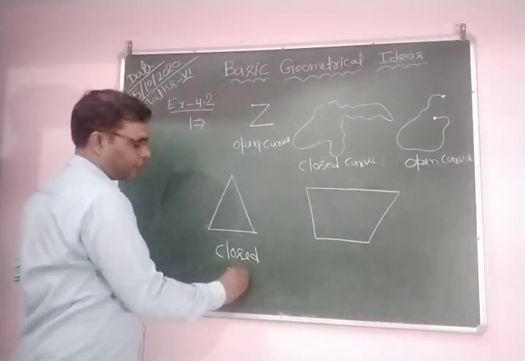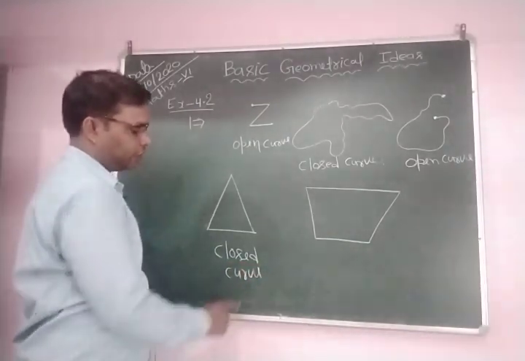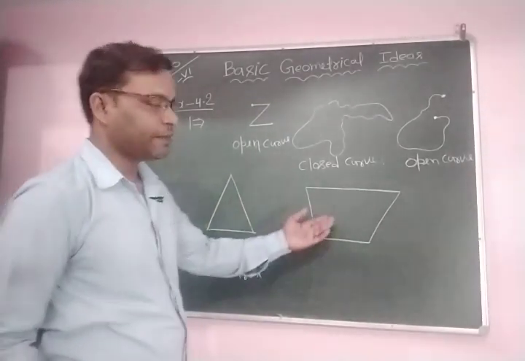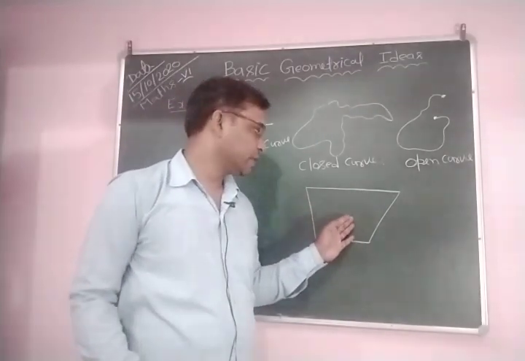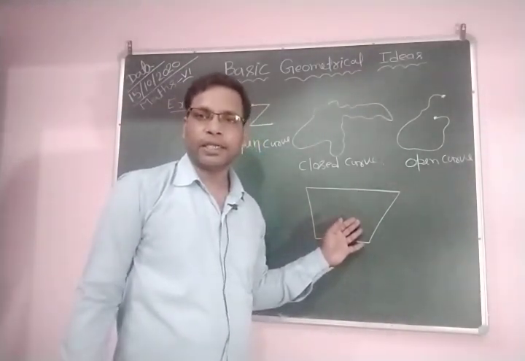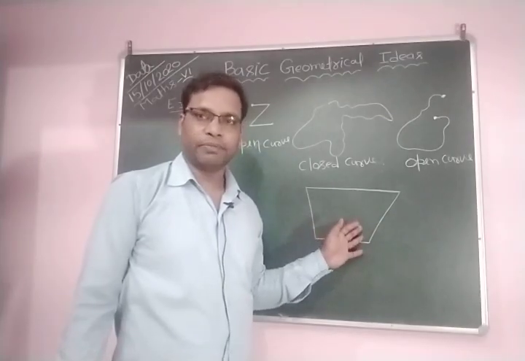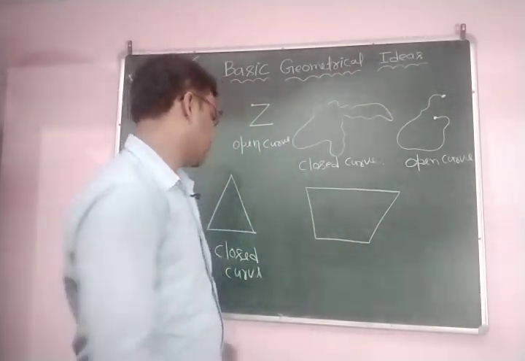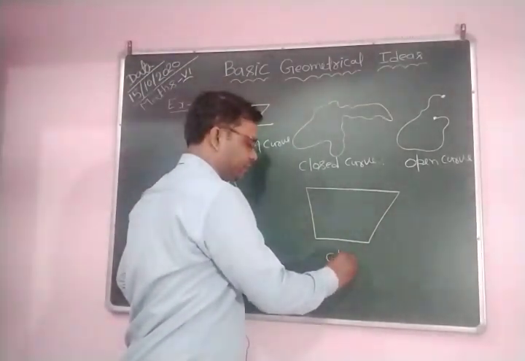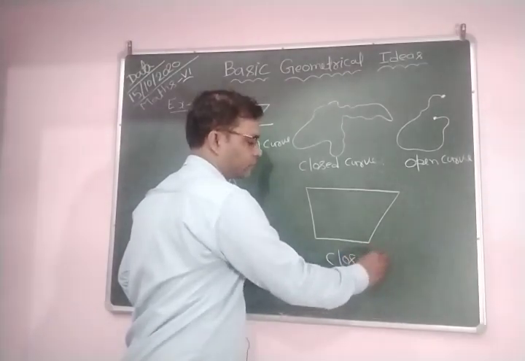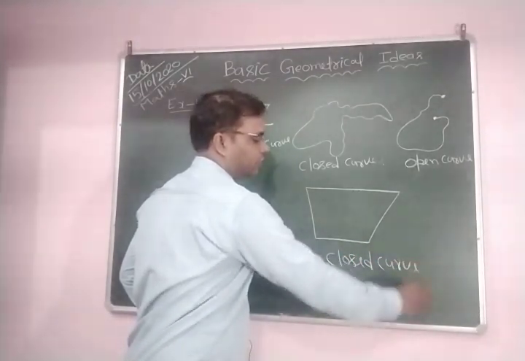And the next curve you can see is also a closed curve because its initial point and end point are at the same place. Clear?